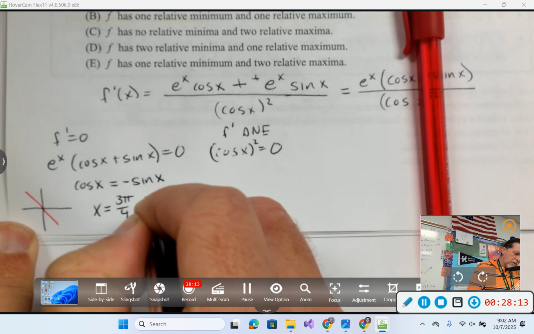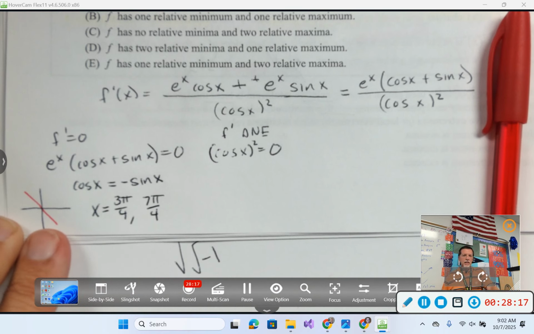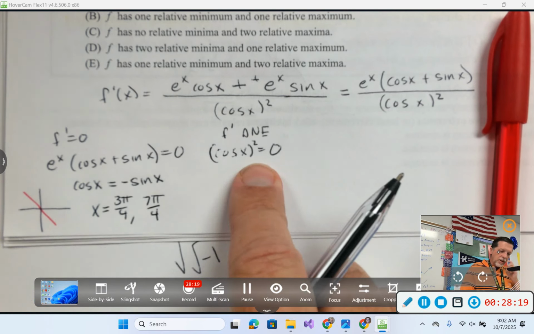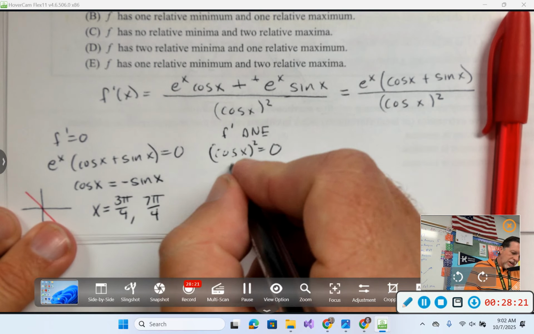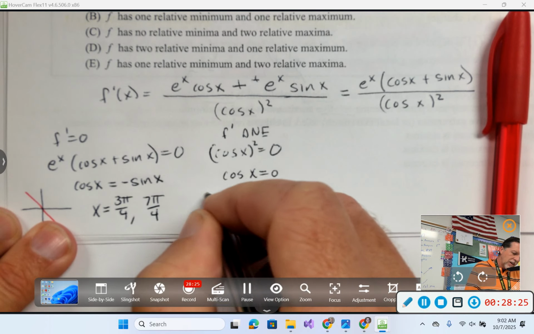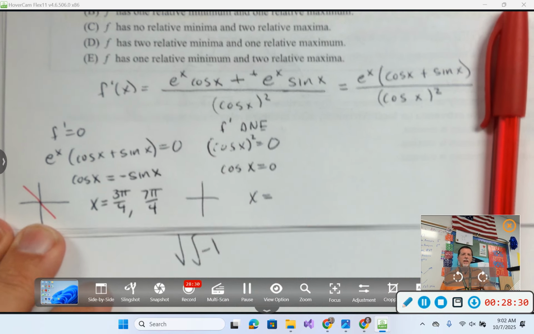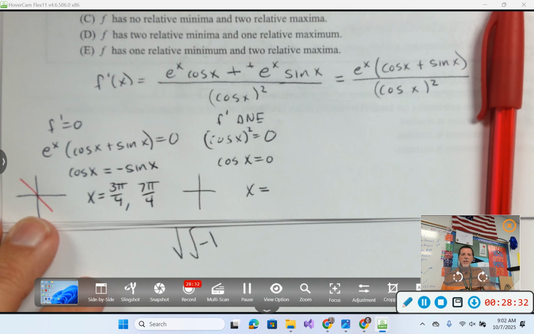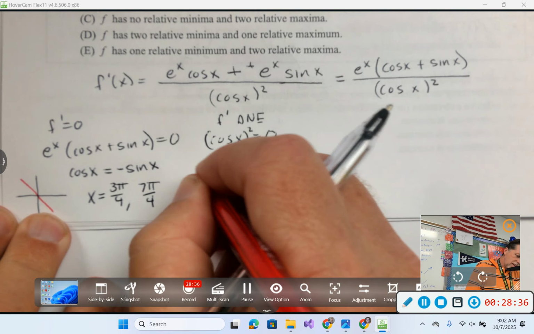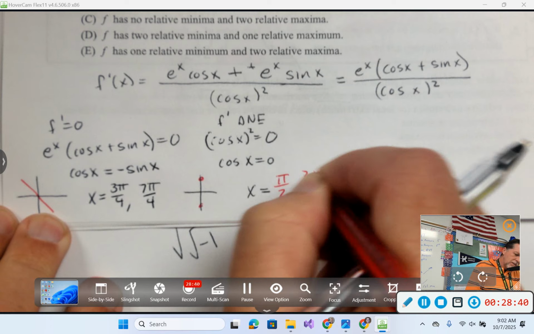So 3 pi over 4 and 7 pi over 4. And then a critical point is when, well, we could square root both sides, when cosine of x equals 0. Where does that happen? Pi over 2, 3 pi over 2.